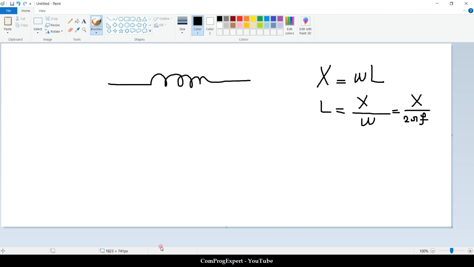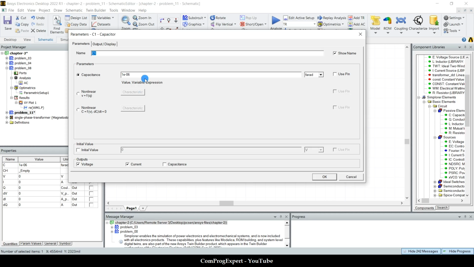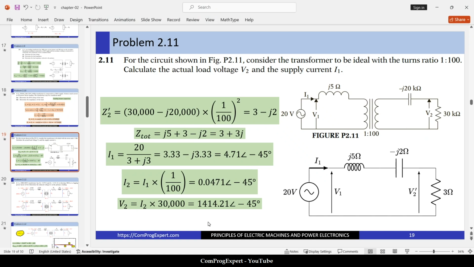You know that for a capacitance, we have this: the value of the reactance is equal to 1 divided by omega C. So the value of the C will be equal to 1 divided by X times omega. Yes.